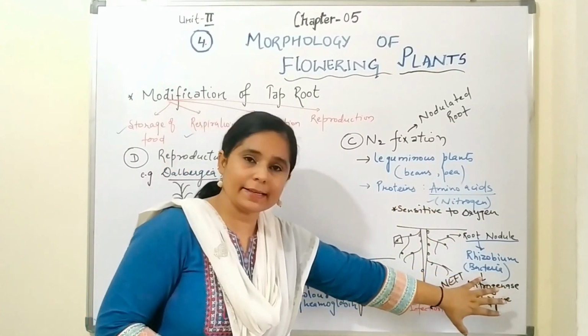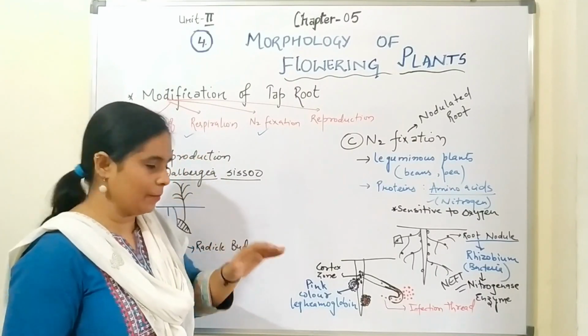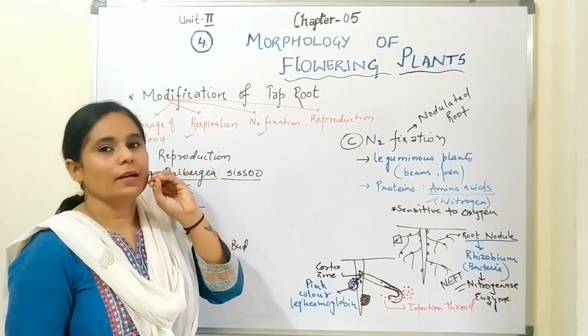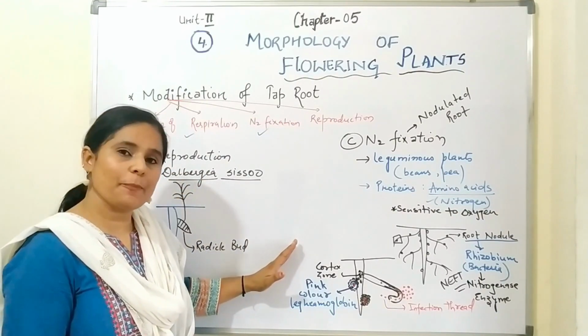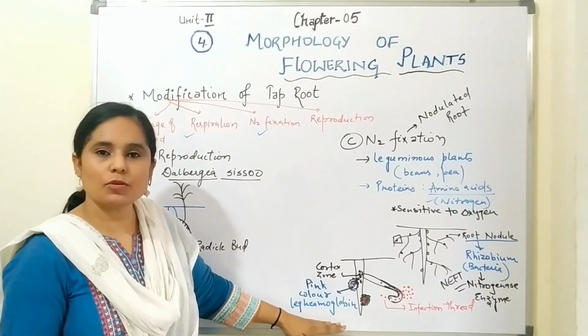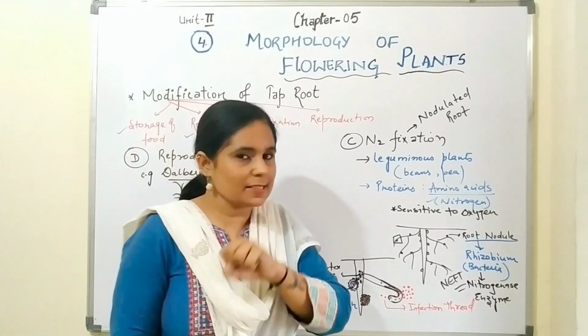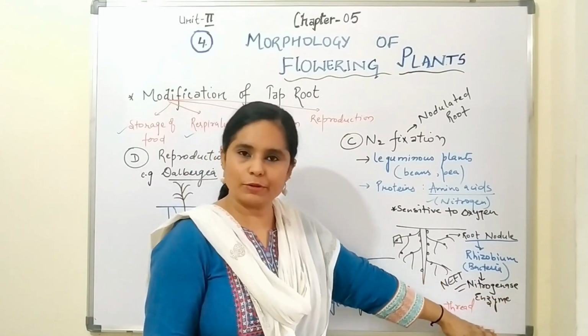So to protect them from oxygen, around them, surrounding them, there is a hemoglobin kind, leg hemoglobin pigment which is of pink color, and that is also known as oxygen scavenger. So these accept the oxygen and it will not allow the oxygen to reach up to nitrogenase enzyme.